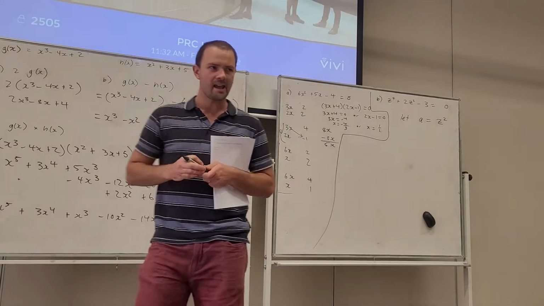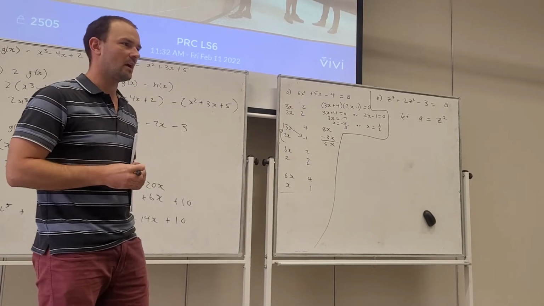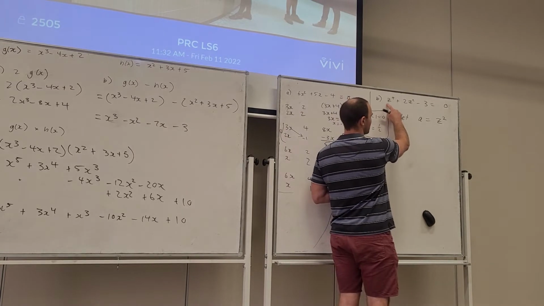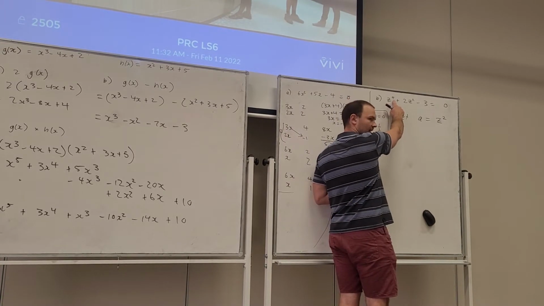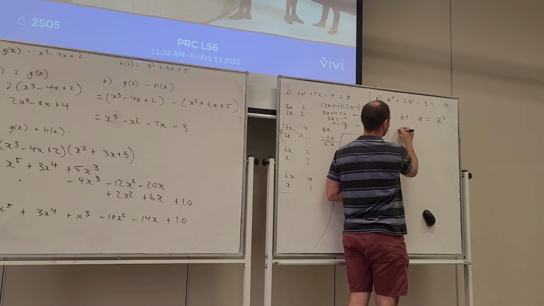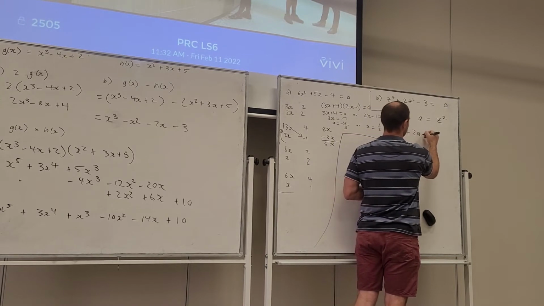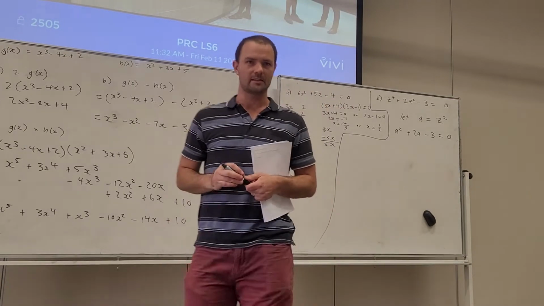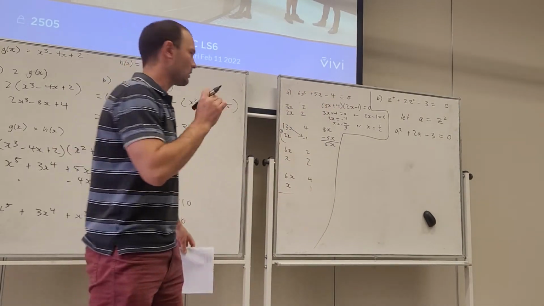Okay? If a is z squared, now what we have is z squared squared. So there we've got a squared plus 2a take 3. I'm going to substitute that in, and this is something we can factorize perfectly.